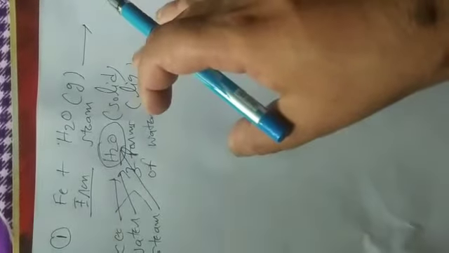In this case, H2O reacts with Fe to form iron oxide, Fe3O4, and this is 4H2.